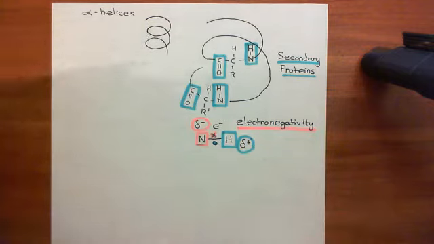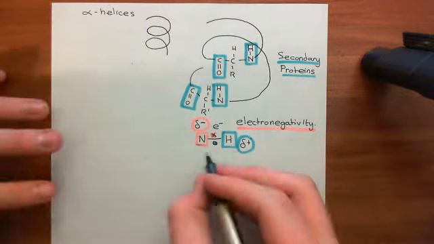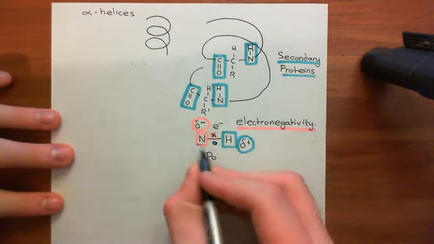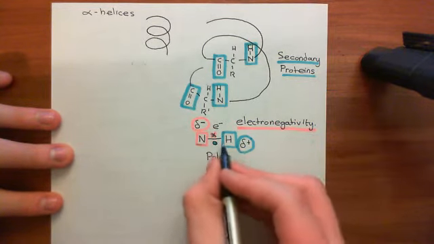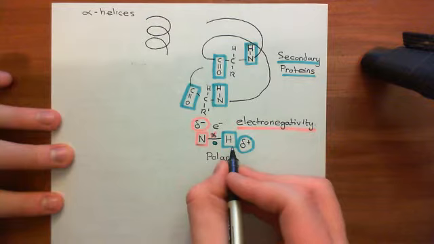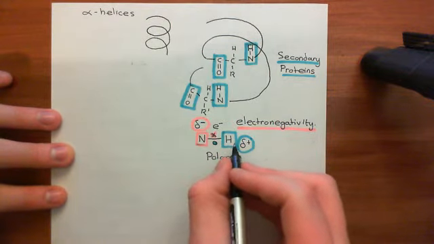So this bond is going to become polar. It's got a negative pole, which is the nitrogen atom, and a positively charged pole, which is the hydrogen atom. Now, in order to form a hydrogen bond, this is one of the requirements that you need.